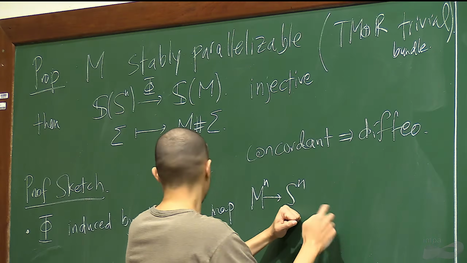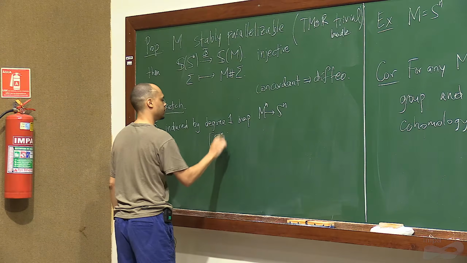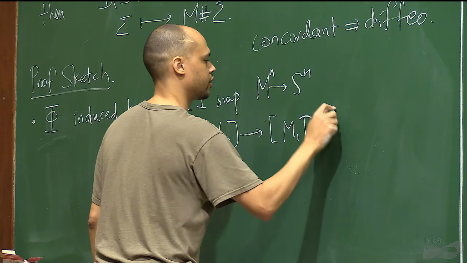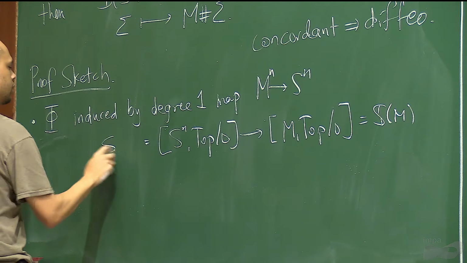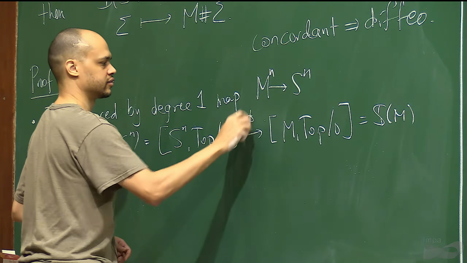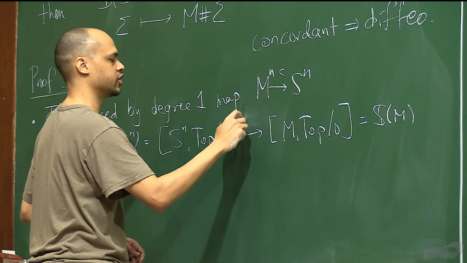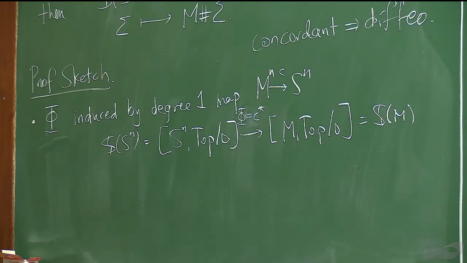And then that induces a map like this, and this is phi. Whatever this map is, call it the collapse map C. So the claim is that phi is C star.